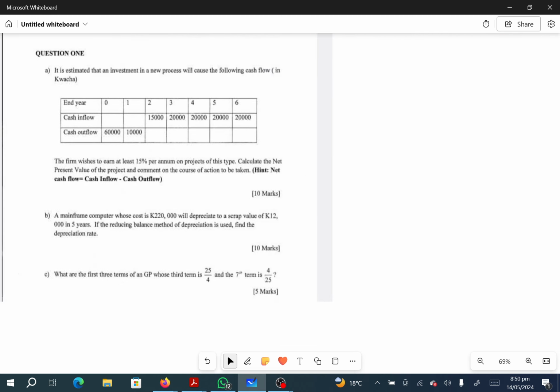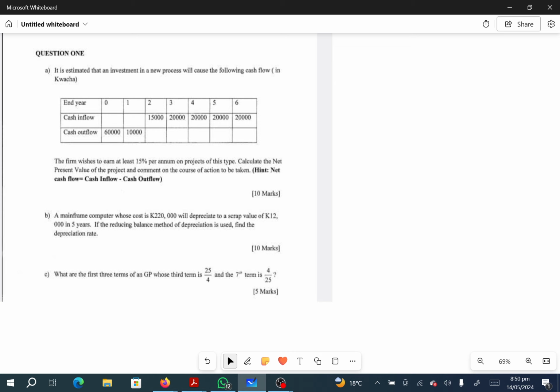Okay, so we are considering question number 1B. Question number 1B is saying a mainframe computer whose cost is 220,000 will depreciate to a scrap value of 12,000 in 5 years.